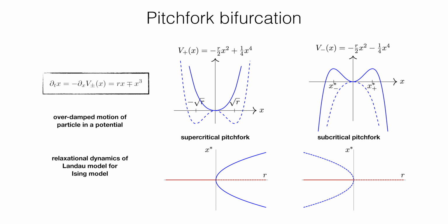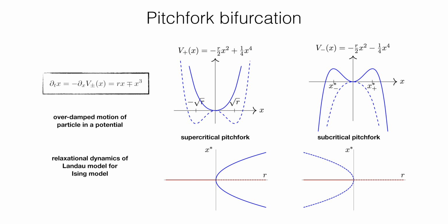And that's called now a pitchfork bifurcation, and to be precise, it's called a supercritical pitchfork because the pitchfork emerges above criticality. That's usually called the second order phase transition in the language of statistical physics.